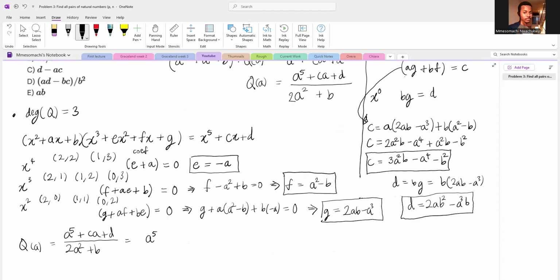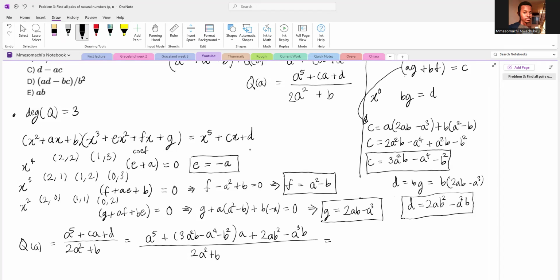C is going to be 3A squared B minus A to the power of 4 minus B squared. This times A plus, D is 2AB squared minus A cube B, divided by 2A squared plus B.